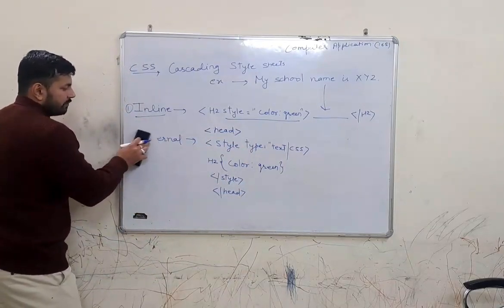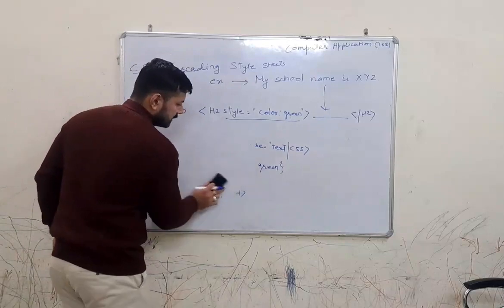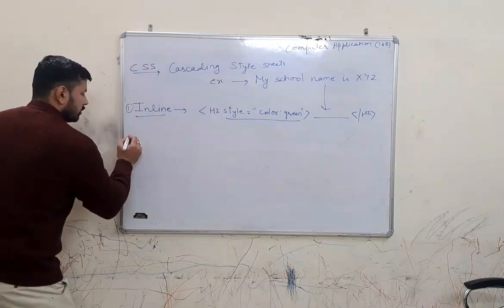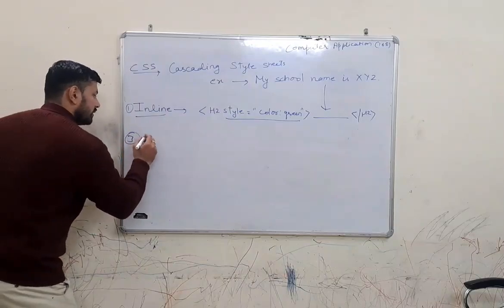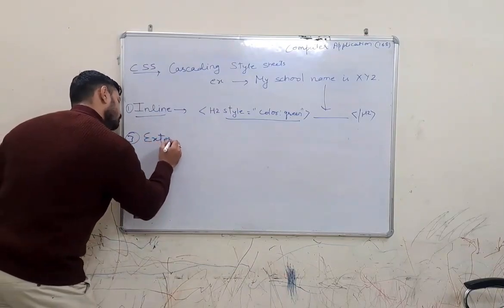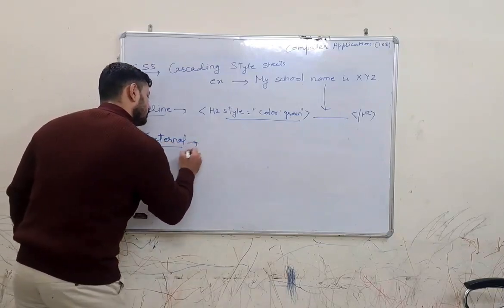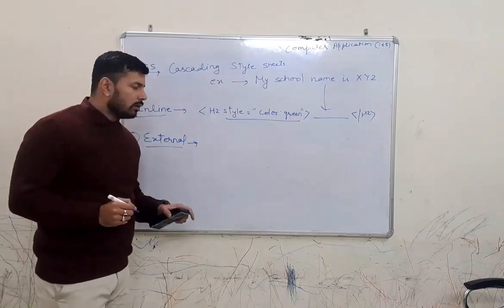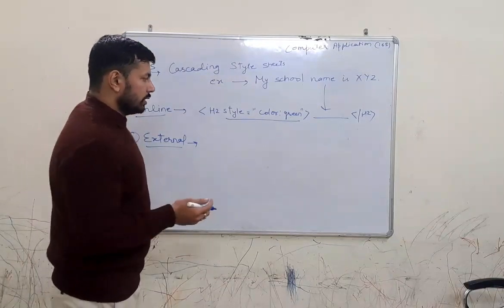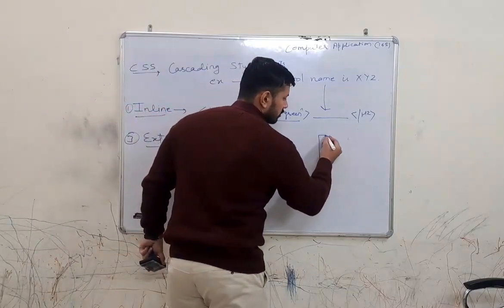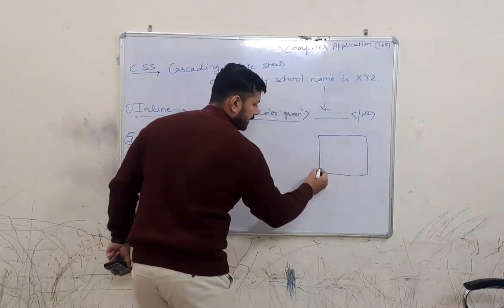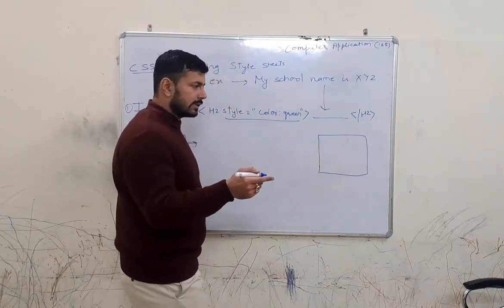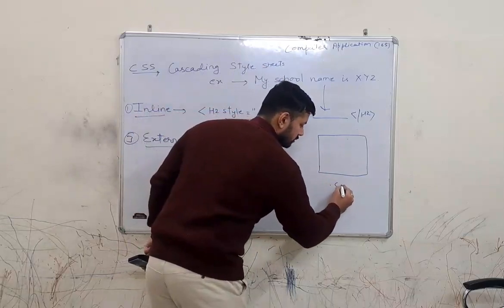So now we will move further to the external CSS. Second one is internal, third one is external. Why do we call this type of CSS external? Because in this one, as I told you, we have to add an external text file with the extension .css.